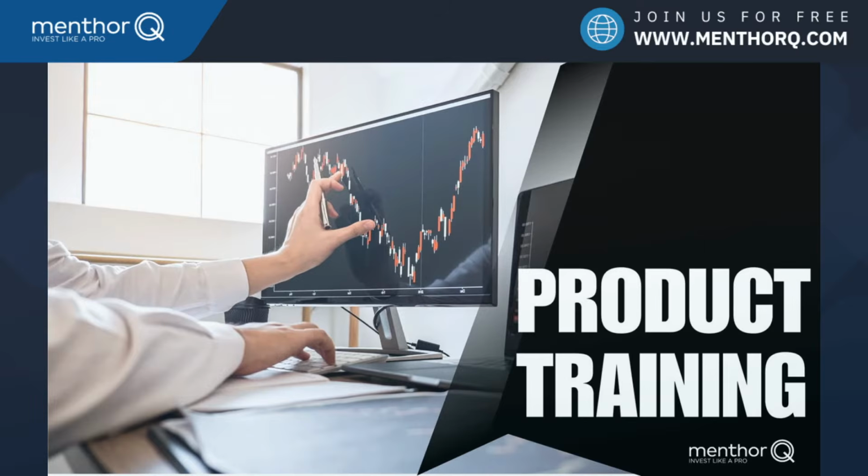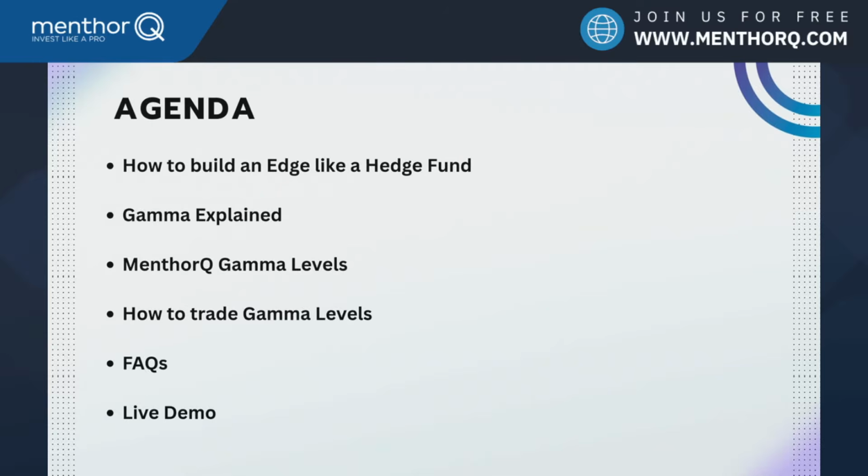All right, so we have a lot of things to cover today. We're very excited because we are going to try and answer a lot of your questions and a lot of the things that our new users also ask all the time. Today's session, again, is going to be focused on gamma levels and how, as retailers, we can build an edge and invest like institutions.